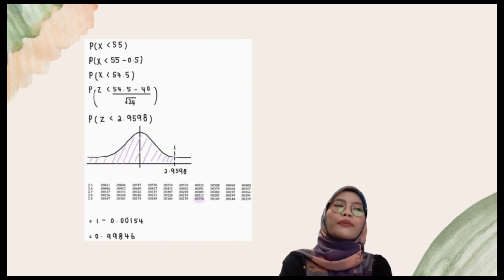The question wants probability that less than 55, so P(X < 55), and since we change it from binomial to normal, which is discrete to continuous, we have to either add 0.5 or minus 0.5.